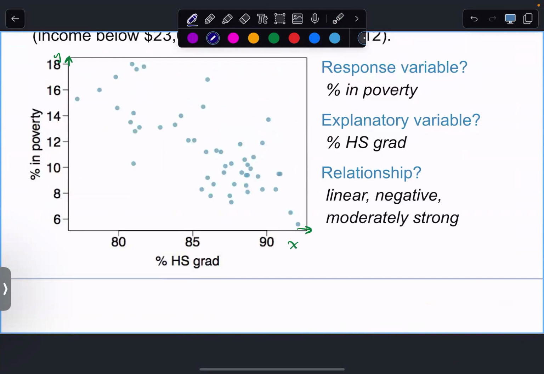Remember when we were making histograms and I said, okay, you have to be able to describe the distribution, and we talked about the shape, the center, and the spread, right? And the shape, whether it was normal or non-normal, determined which was the appropriate measure of center and spread, right? We're going to do a similar thing here with scatter plots.